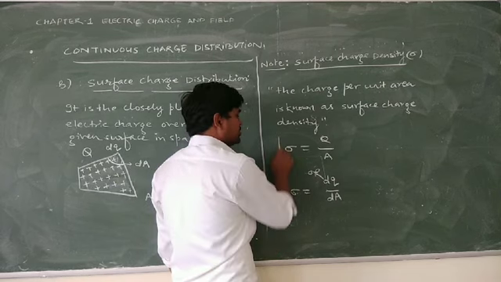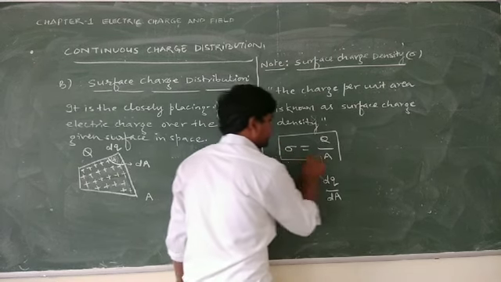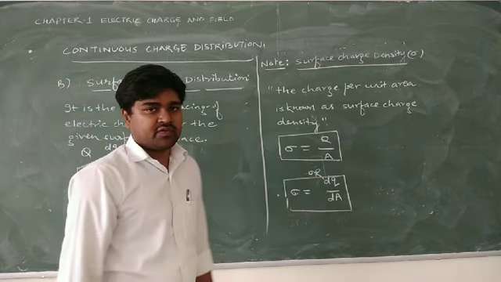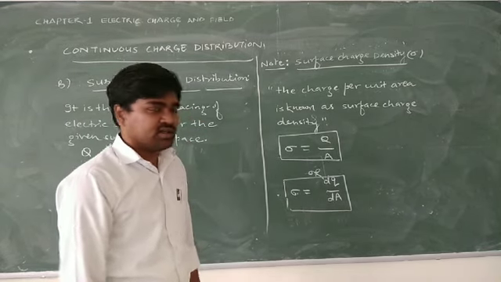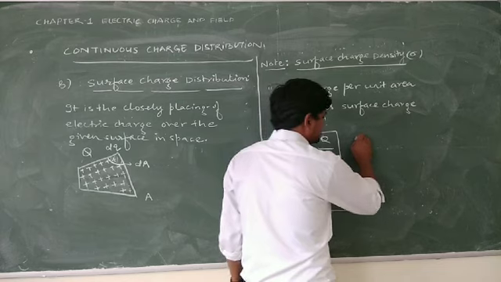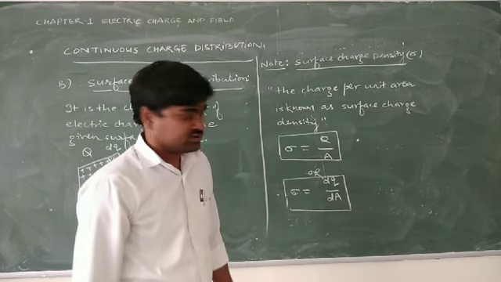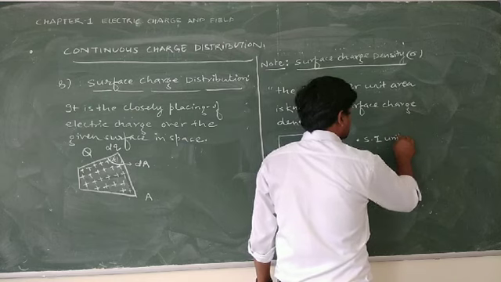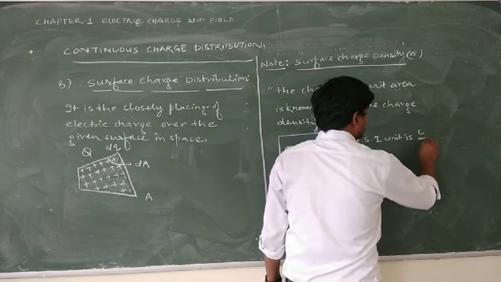So both these formulas will give the surface charge density of the given surface. The SI unit will be coulomb per meter square.